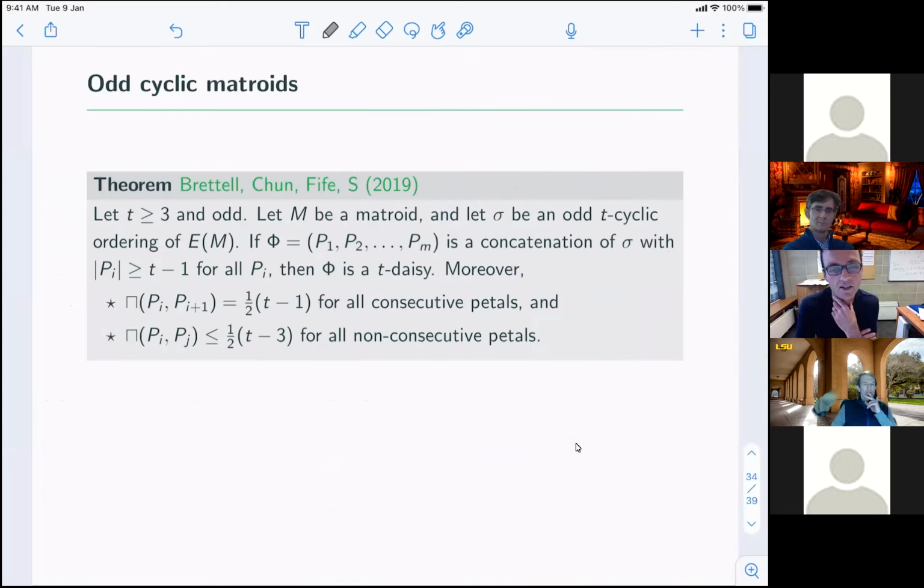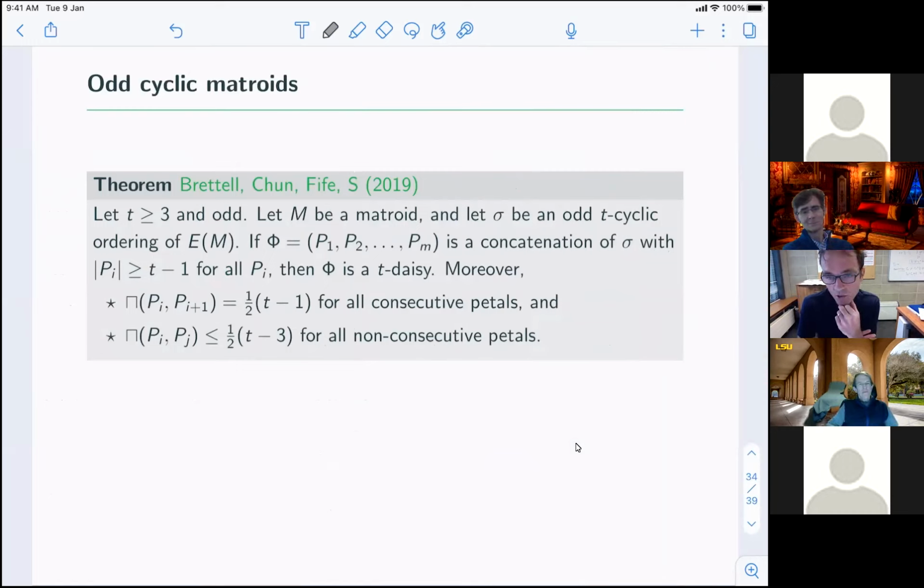So a little bit of taste for the people in the matroid audience who know a bit about flowers. And based on those orderings, I can concatenate the subsets so that the least size, in this case T is greater than 3 and odd, T is at least this size, T minus 1. So in the 3 case, I can put these petals into sets of size 2, and then you always generate what's called a T daisy.